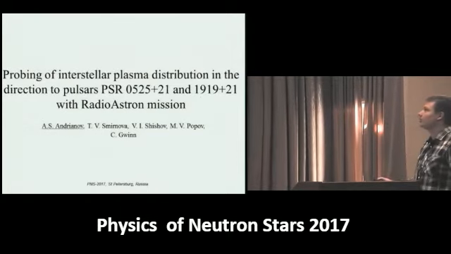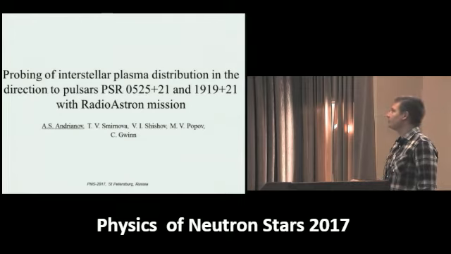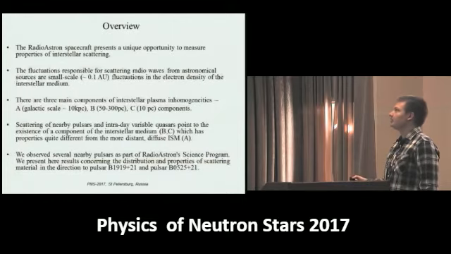I will talk about probing of interstellar plasma distribution in the direction to pulsars 0525 and 1919 with the RadioAstron mission. The RadioAstron spacecraft presents a unique opportunity to measure properties of interstellar scattering. The fluctuations responsible for scattering radio waves from astronomical sources are small-scale fluctuations in electron density of the interstellar medium.